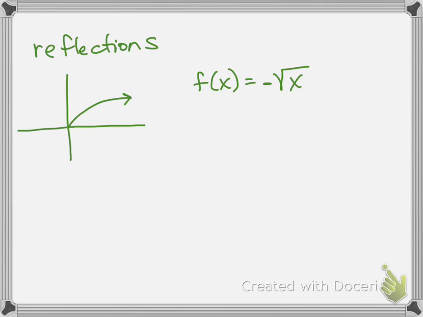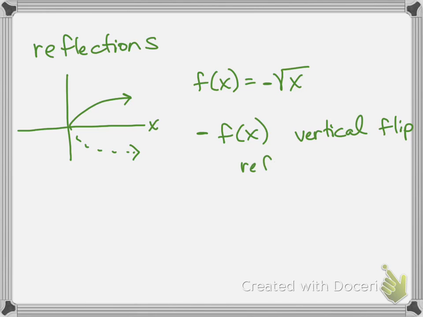So if you have a negative of your entire function, that is a vertical flip, so we're going to flip it down here. So that's a reflection over the x-axis. So if it happens in front of the entire function, it's a vertical flip right over the x-axis.